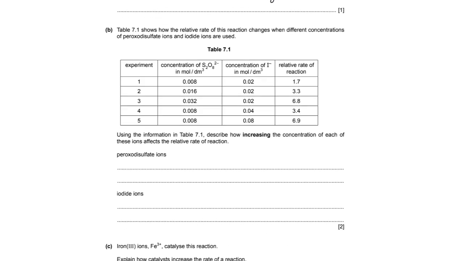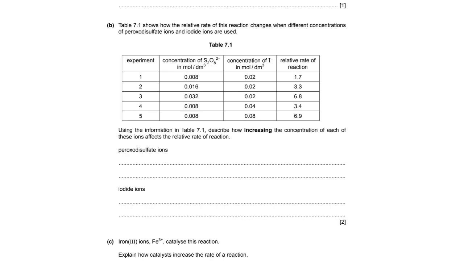Okay, the B part is: use information in the table, describe how increasing the concentration of these ions affects the rate of reaction. So if you look at the concentrations here, first check the peroxodisulfate ions concentration. If I look at experiments 1 and 2, when I double the concentration while the concentration of iodide remained the same, the rate of reaction also doubled.